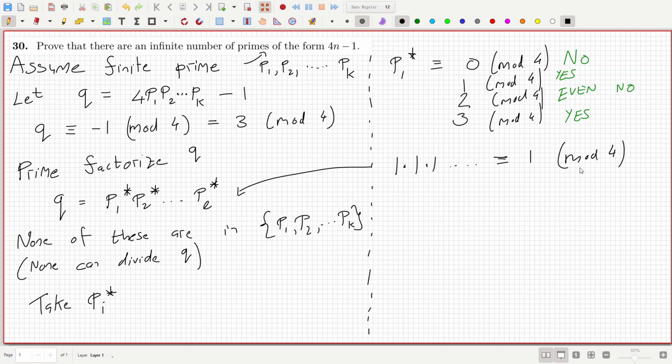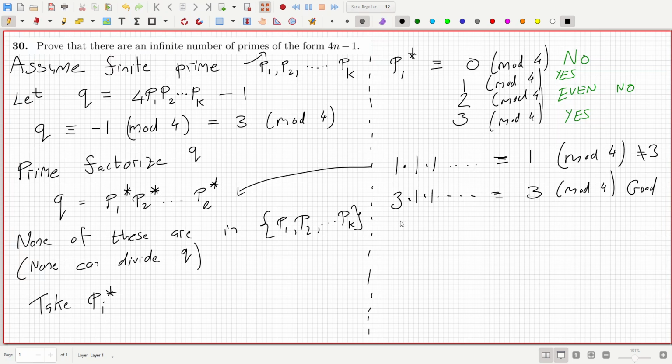So that's a problem because it needs to equal 3, so we can't have that. If we had 3 here and 1, that would be equal to 3 mod 4. So yeah, that would be good.